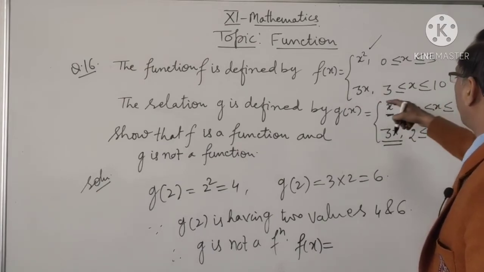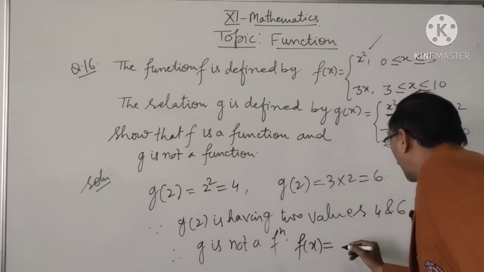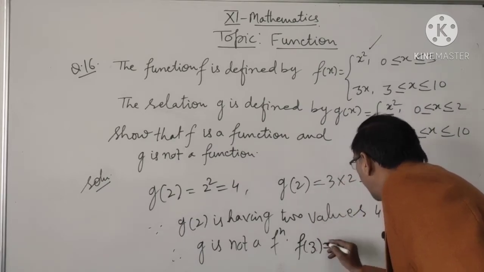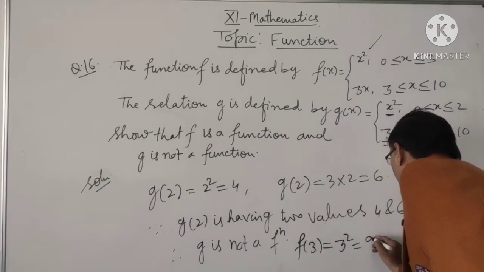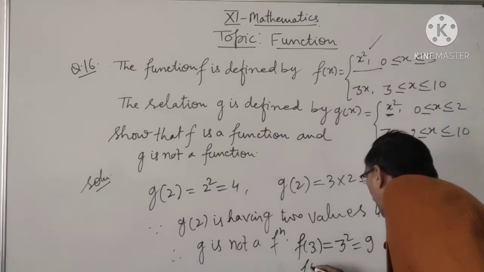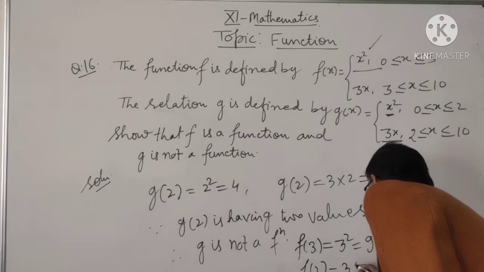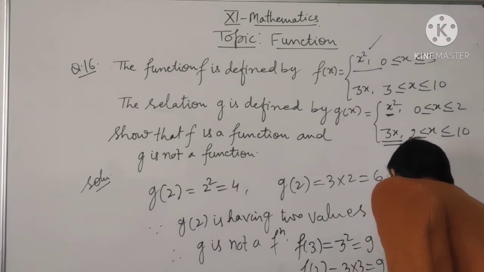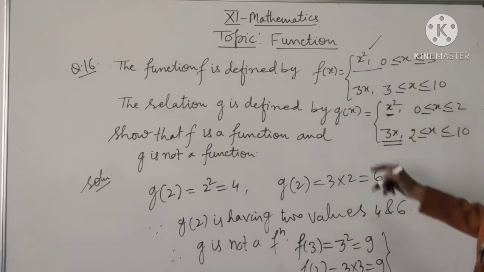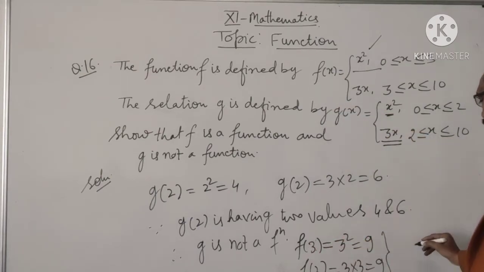Then f(3) is 3 square, which is 9, from the first, and f(3) is 3 into 3, which is also 9, having the same value. Therefore, f is a function and g is not a function.